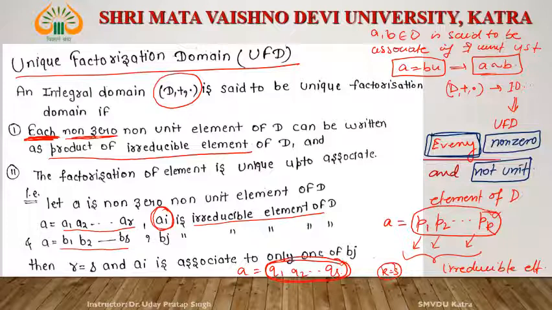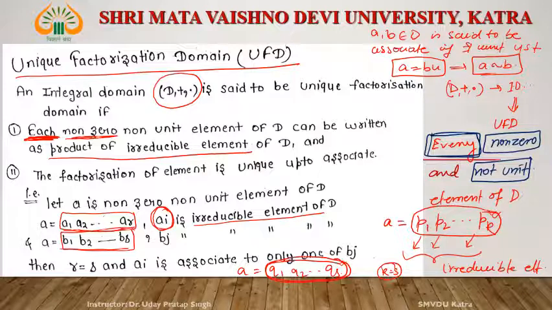If a can be factorized in some other way, then the number of factors in both expressions is the same, and each ai is associate to some bj. In terms of these associates, the factorization is unique. Then this is known as a unique factorization domain.